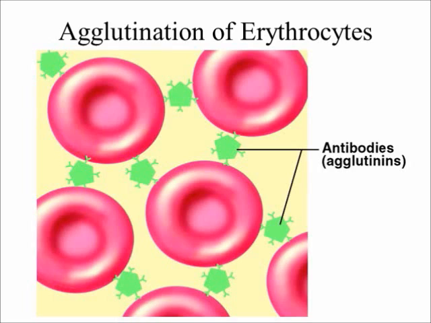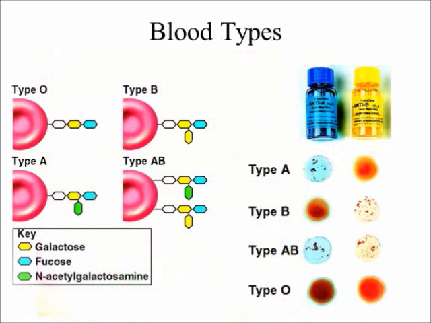In my picture here, the antibodies are green, and these antibodies are sticking to a red blood cell. And what's going to happen is it's going to cause all these red blood cells to clump together, and that's the basis that we use here for determining blood types. There are 4 blood types in humans: type O, type A, type B, and type AB.